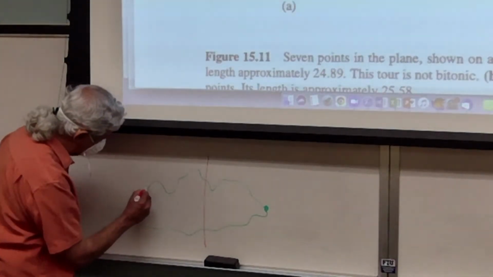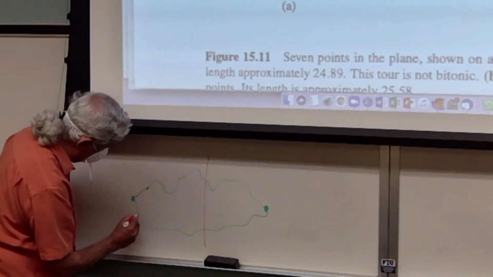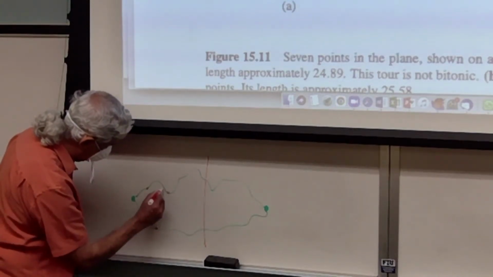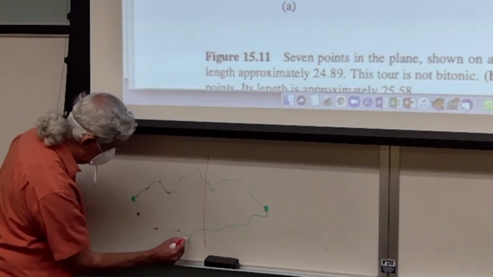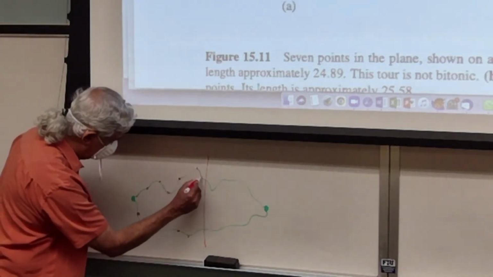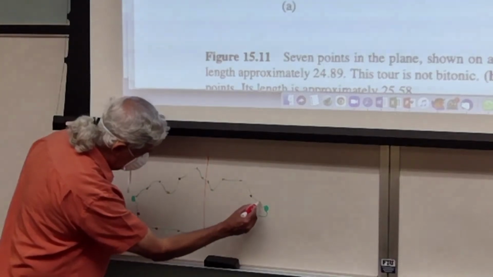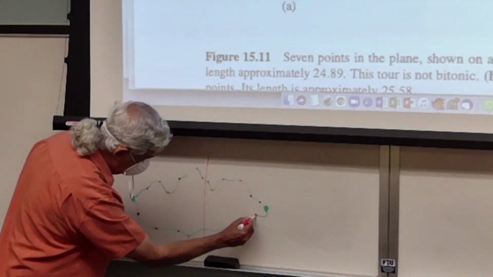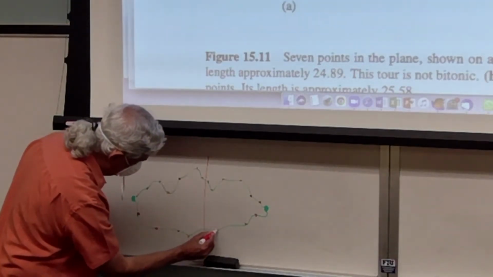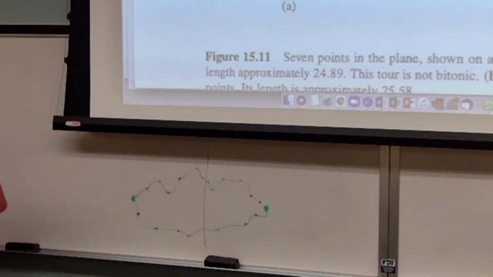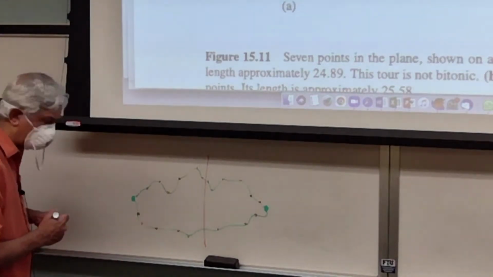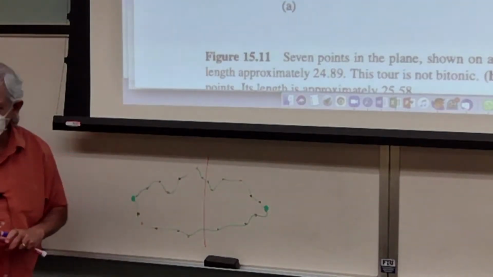Well, I know that the points are sitting somewhere, right? Let's say that's what my tour looks like. So I can number all of these from left to right.